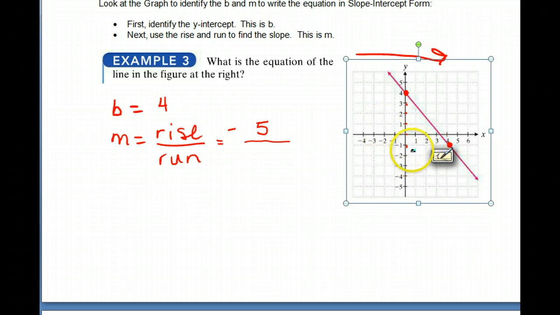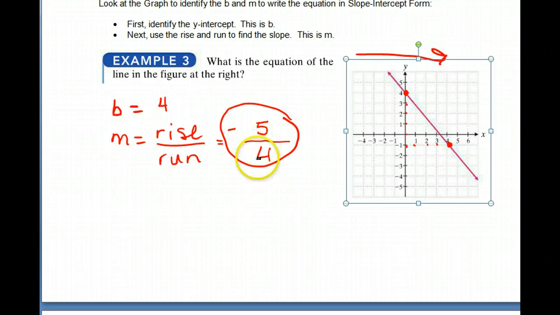Next we want to calculate the run. So we're going to see how many units we need to move over to get to our point. So we would move over 1, 2, 3, 4 units to the right. So the slope was negative 5/4. Now keep in mind that we use the intercept and the slope.